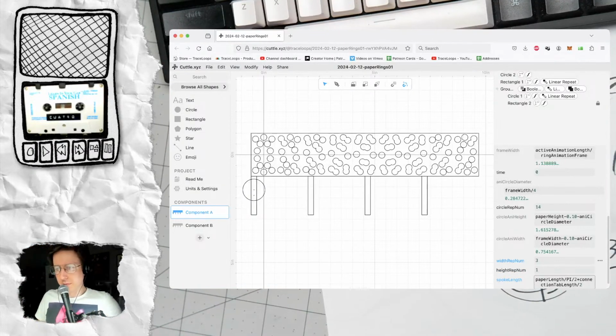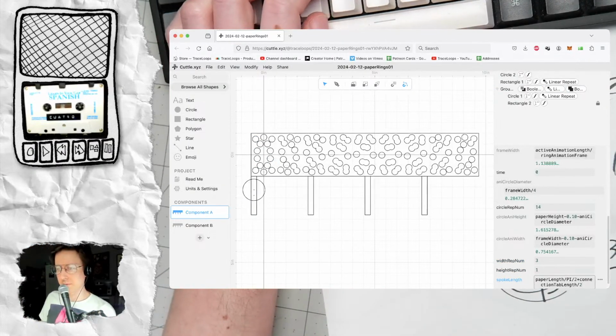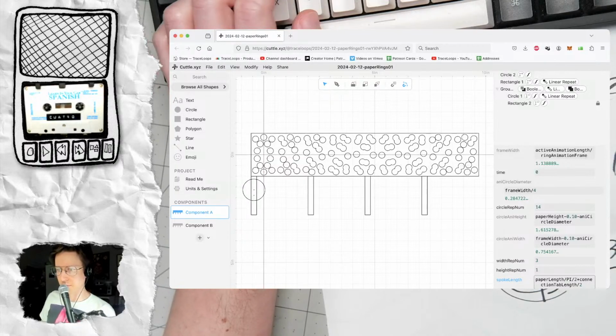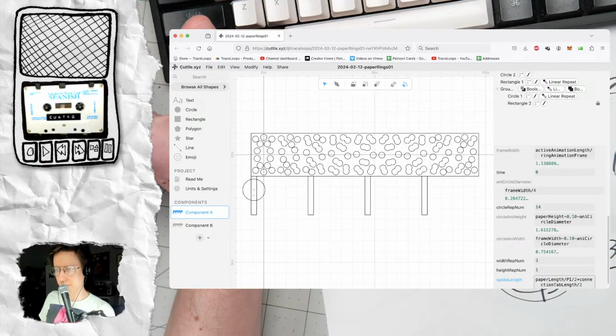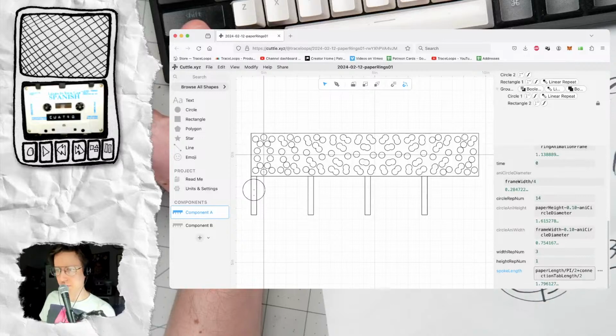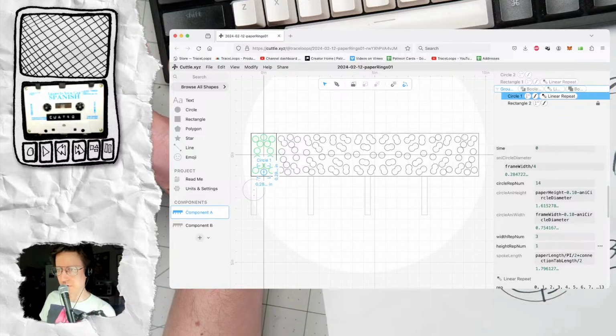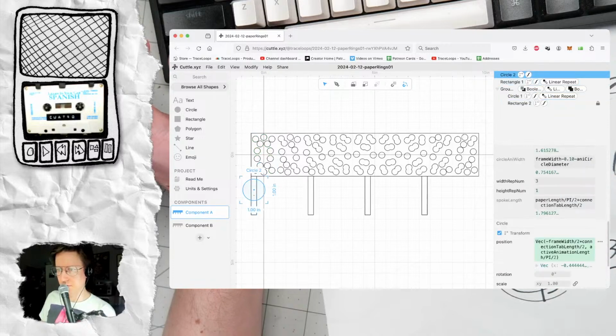Paper length divided by pi divided by 2. So paper length divided by pi divided by 2. So why is this circle so far off for position?